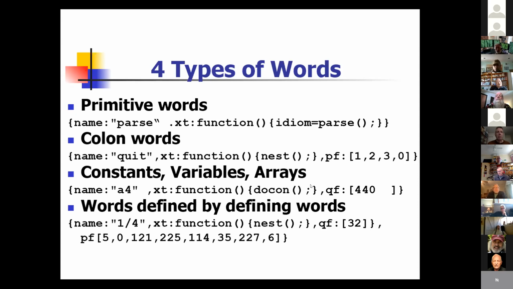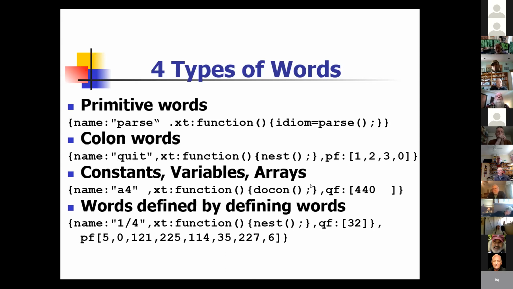So we actually have 4 types of words in this system. We have primitive words, which have only 2 fields, the name field and the code field with some execution functions. We have colon words, which have a name field, and the code field just points to nest, the inner interpreter, and then the parameter field, which has the token list.